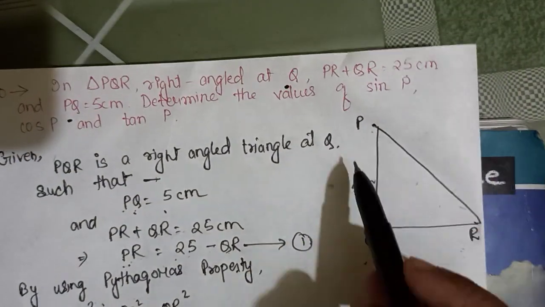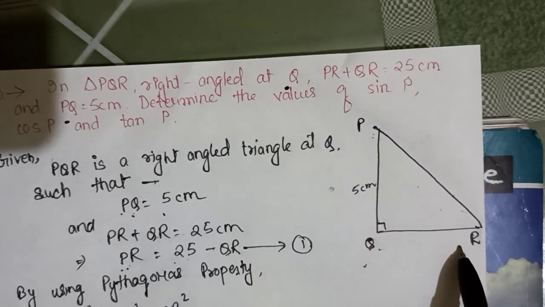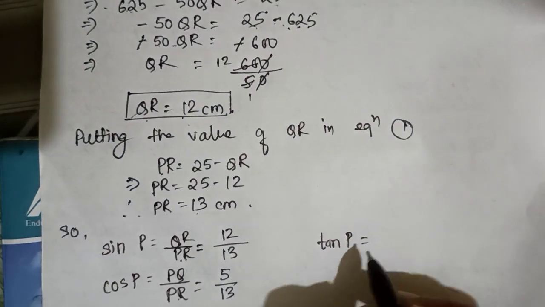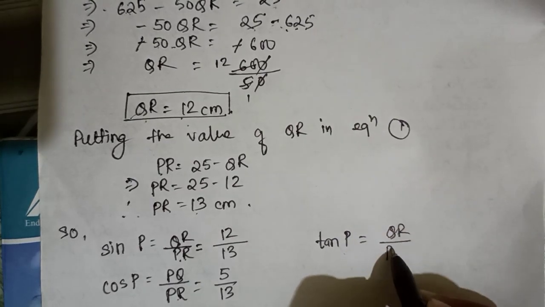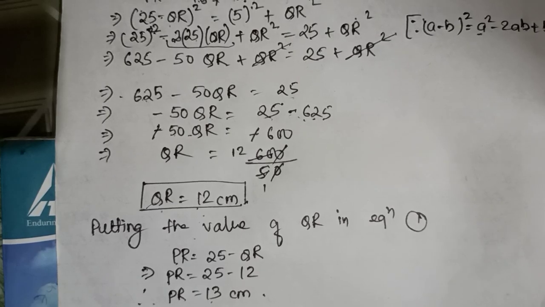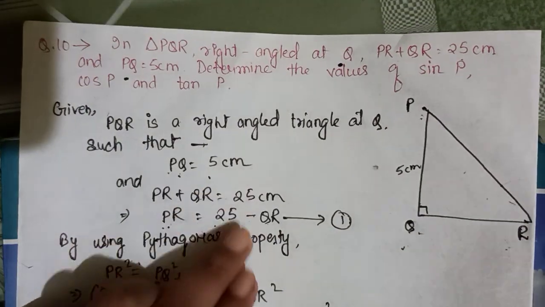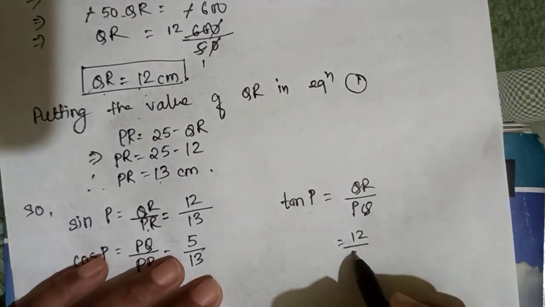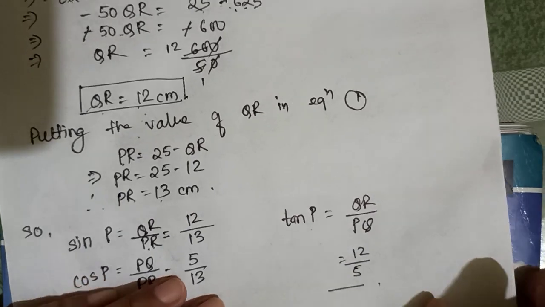Now tan P. The tan formula is opposite by adjacent. From P, opposite will be QR and adjacent will be PQ, so QR by PQ. QR we have 12 and PQ we have 5, so 12 by 5. So this is the solution.